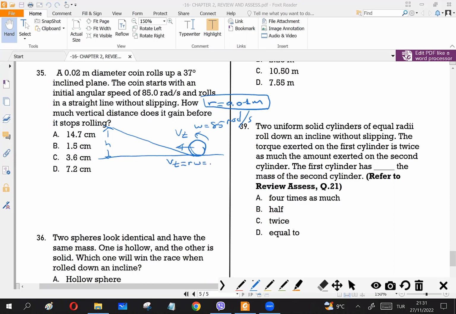R is 0.01, omega is 85. When we multiply, we will get 0.85. Yes, Vt is 0.85 meter per second.